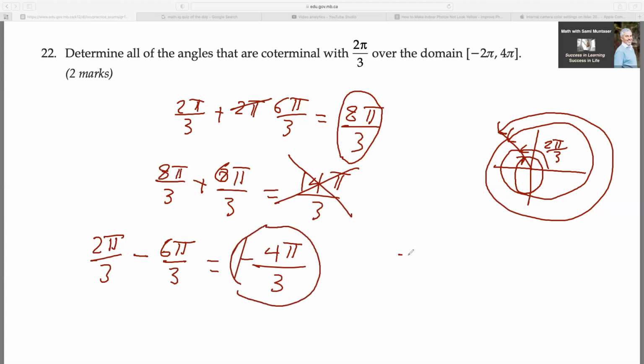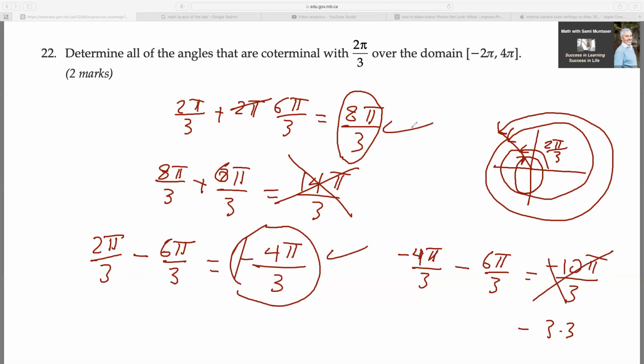Now let's take negative 4 pi over 3 and go one more round in the negative direction. So take away 2 pi, which is the same as negative 6 pi over 3. It gives me negative 10 pi over 3. Negative 10 divided by 3 is about negative 3.3, which goes over the domain, so this cannot be done. So we only have these two answers for that.